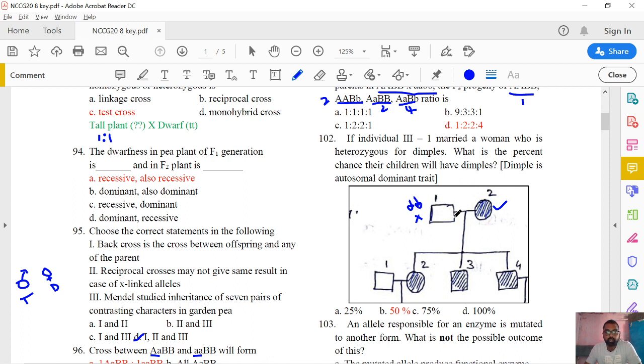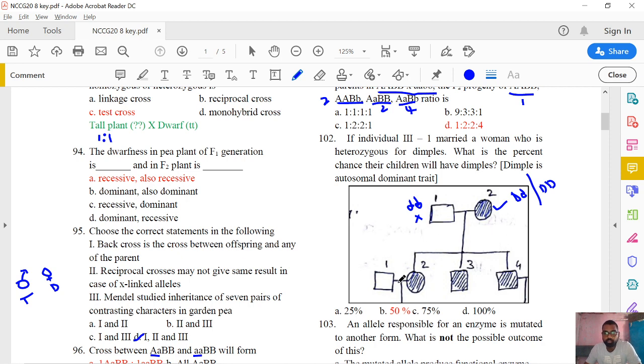That's why that is not expressed here. This you cannot tell. It may be capital D, small d, or it may be capital D, capital D. So we cannot tell based on this particular data.